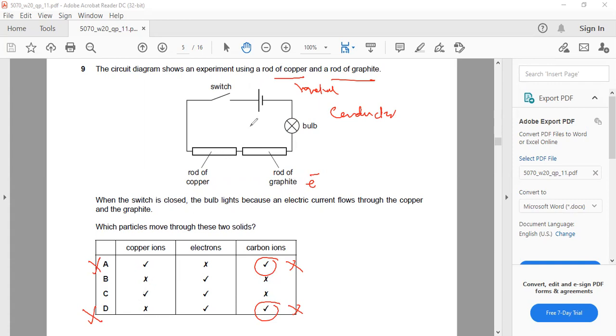In copper, metal ions do not move. Free electrons move. So C: copper ions do not move. Electrons move.